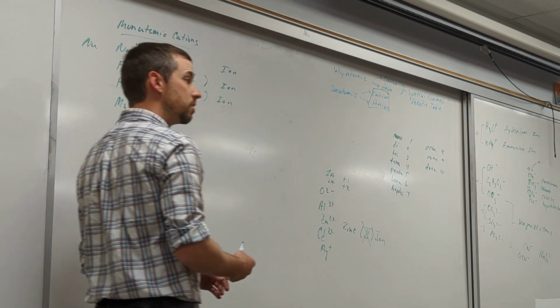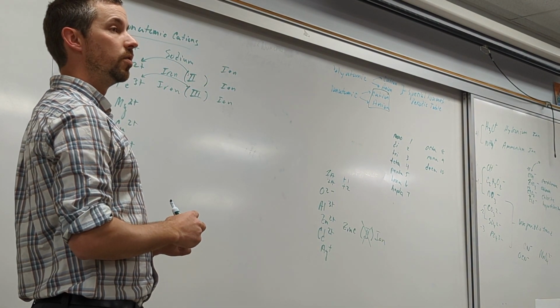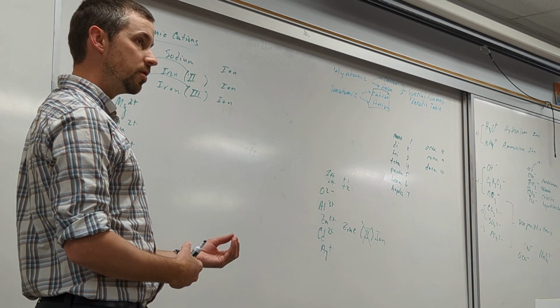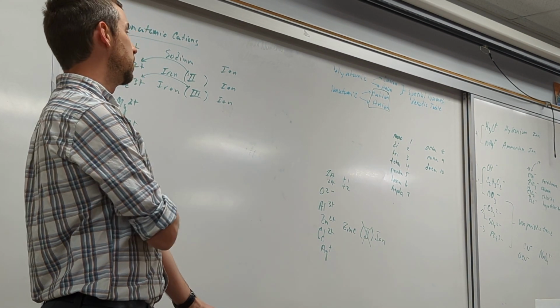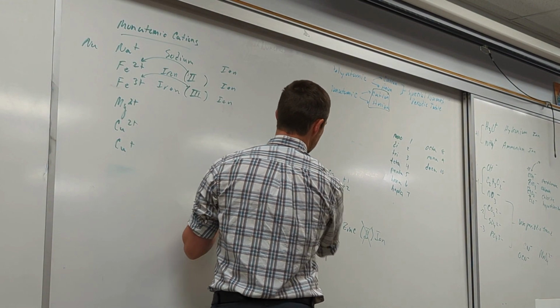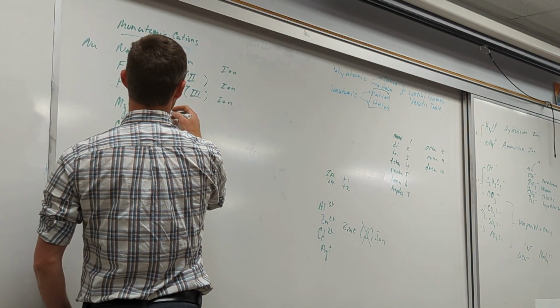So only use Roman numerals when you need multiple oxidation states. If there's a multiple oxidation state, then you need to use a Roman numeral. So no Roman numerals for these cations that show up on this list. This one would be what? Magnesium.